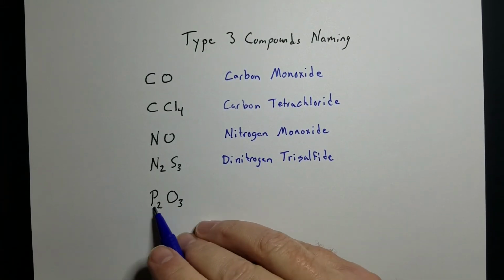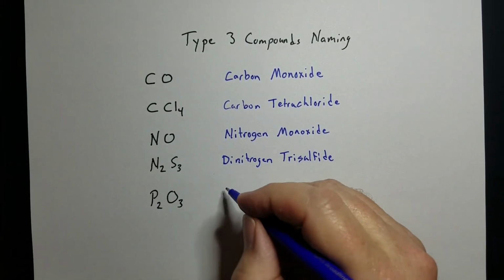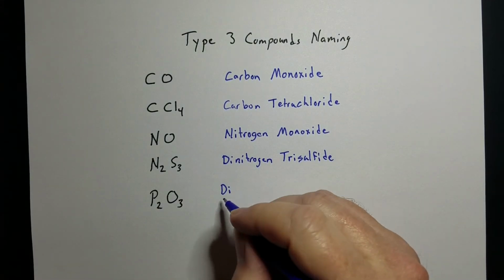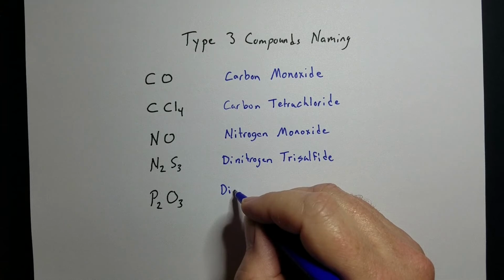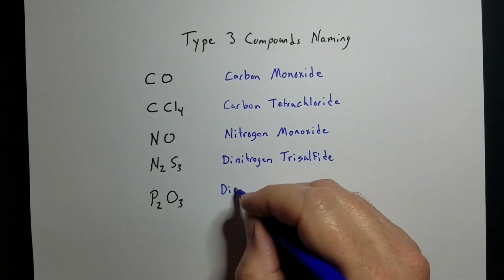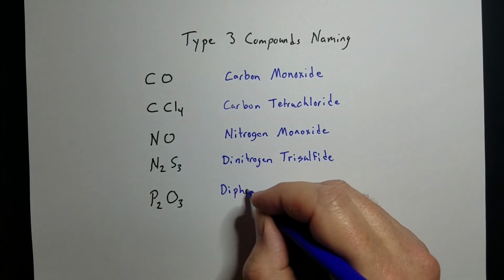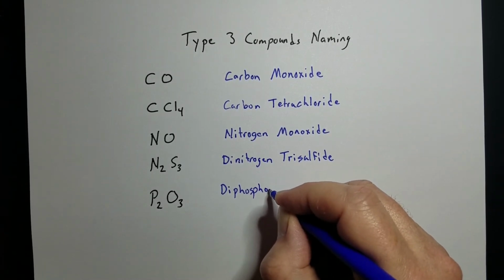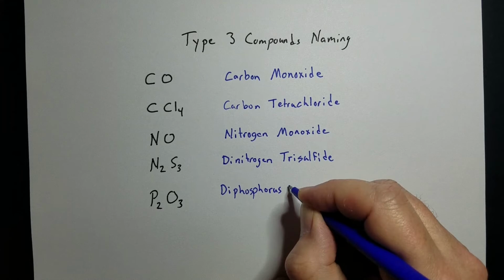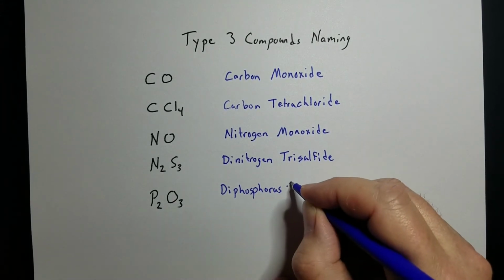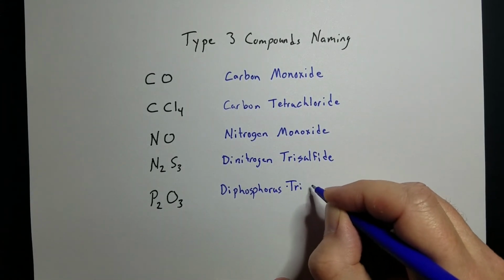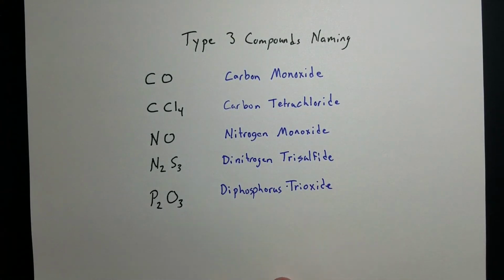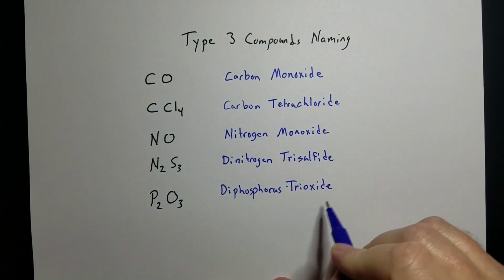And for the last one, we've got 2 of these, so it's going to be diphosphorus. Trioxide, because there's 3 of them. Diphosphorus trioxide.